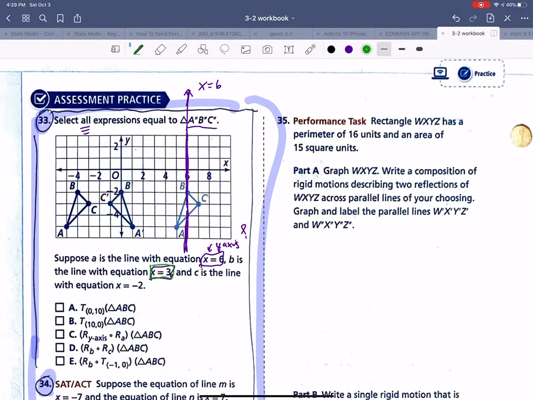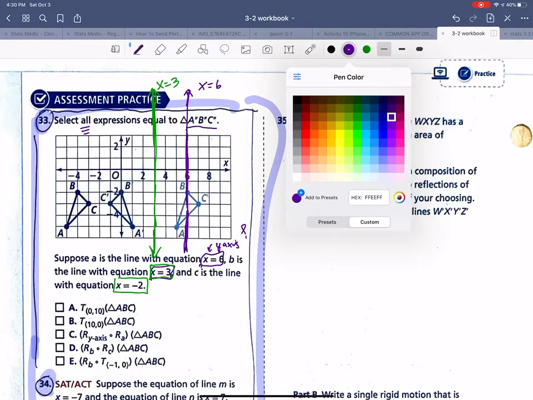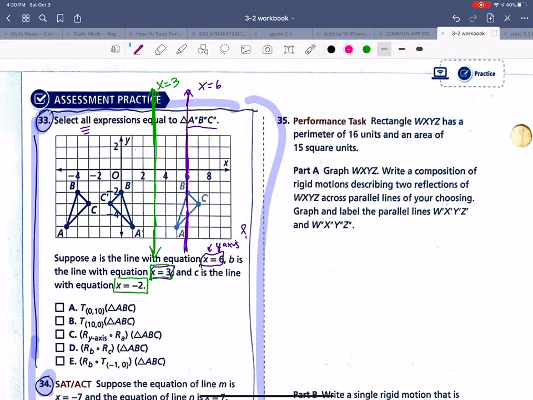I'm going to make that one a different color. This would be all the values where x is 6. Now it says C is on the line where x is negative 2. I'm going to pick a different color, pink. x is negative 2. This is the location where all the x values are negative 2.